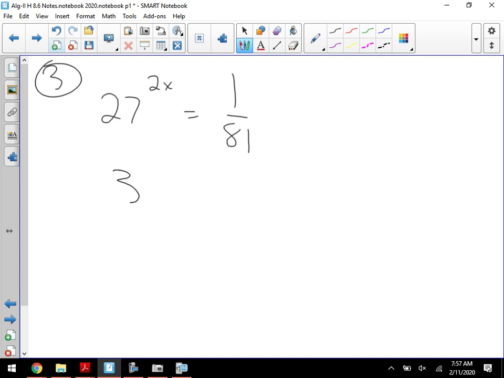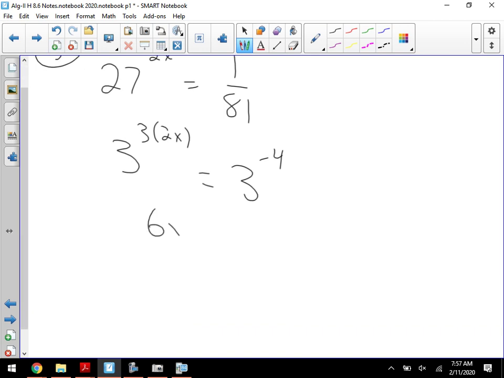So I know that this is 3 cubed times 2x. 81 is 3 to the 4th, but I'm going to write it as 3 to the negative 4. Okay. Are those bases the same? Yeah. When the bases are the same, you can just set the exponents equal to one another, and you wind up with 6x is negative 4. x is negative 4/6, otherwise known as negative 2/3.